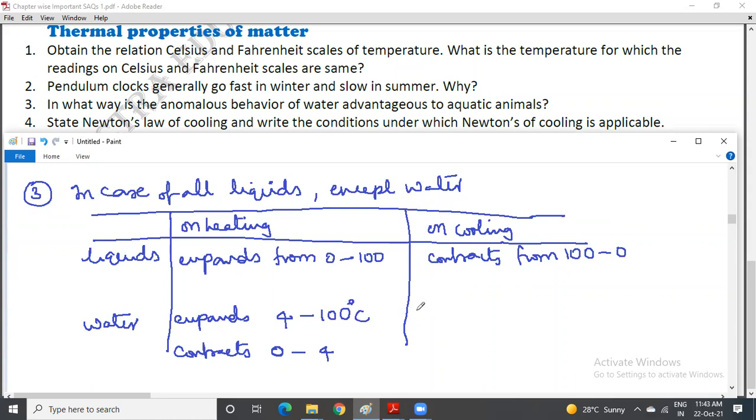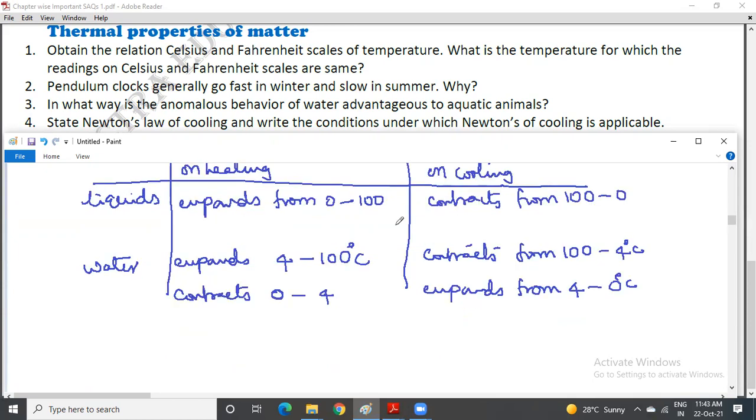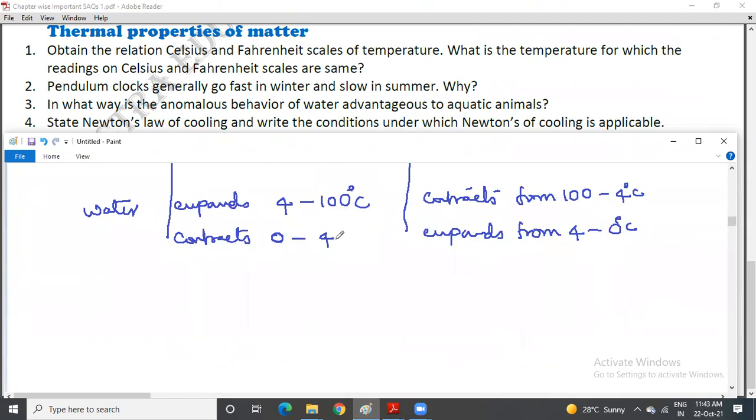On cooling, it contracts from 100 to 4 degrees centigrade, thereafter expands from 4 to 0. So on heating, from 0 to 4 it contracts, thereafter expands. On cooling, from 100 to 4 it contracts, and from 4 to 0 it expands.